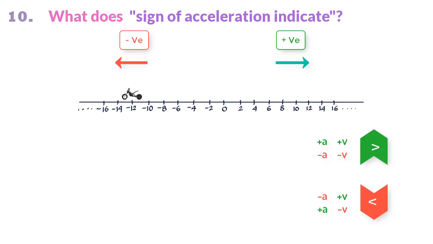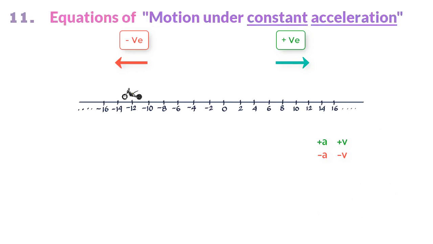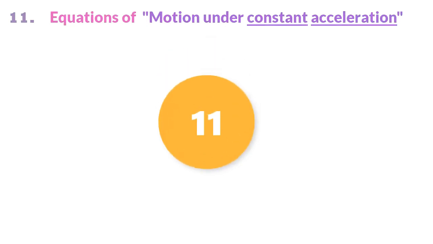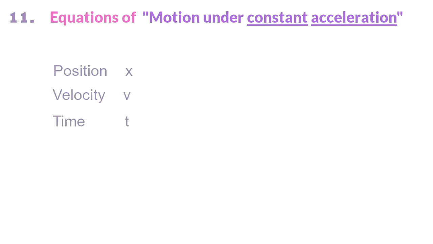So next up is equations of motion under constant acceleration, and there are three basic equations that define position, velocity and time for motion of a particle if the acceleration is constant.